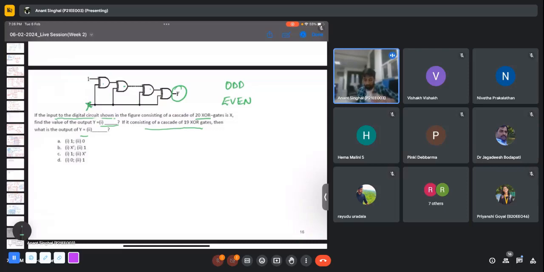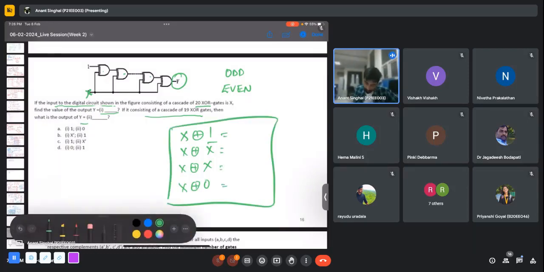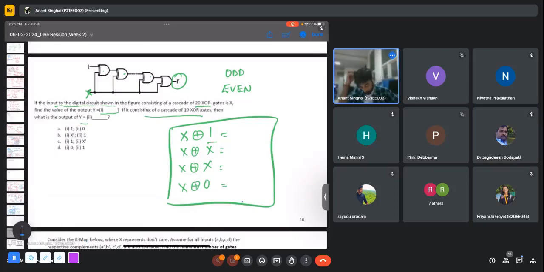So again we need to have certain properties in our mind that we already discussed. In XOR we can have certain combinations like this. One by one let me know what is the answer to each. So X XOR 1, what will be the answer?